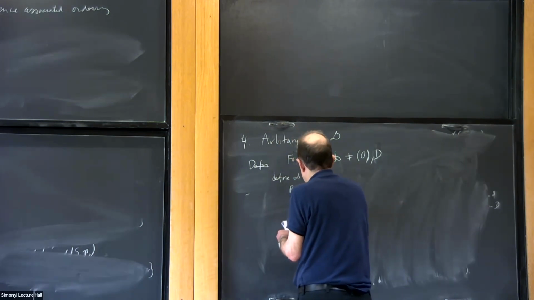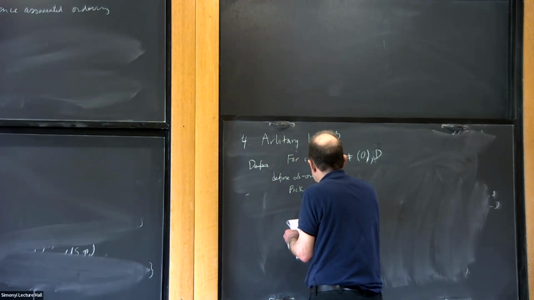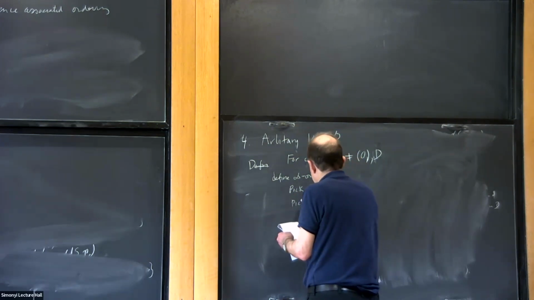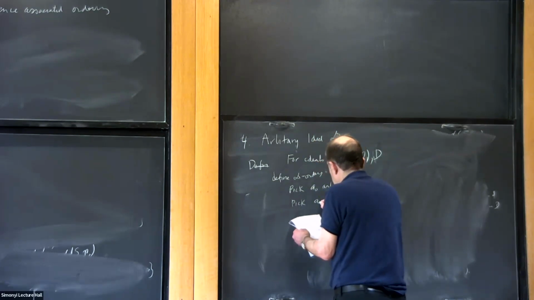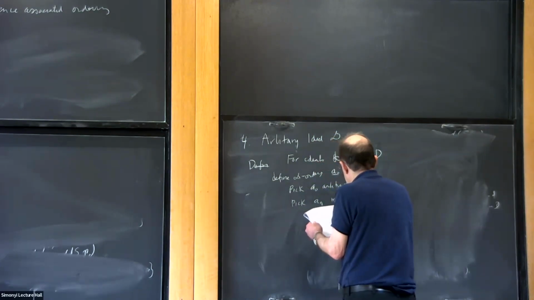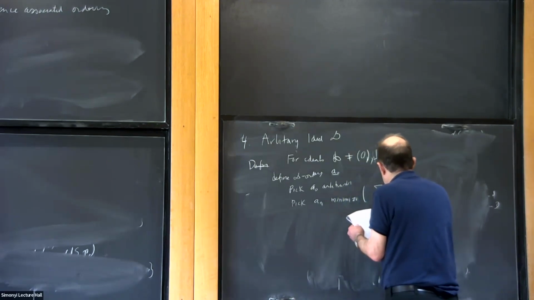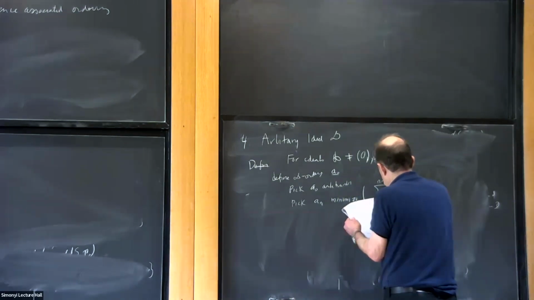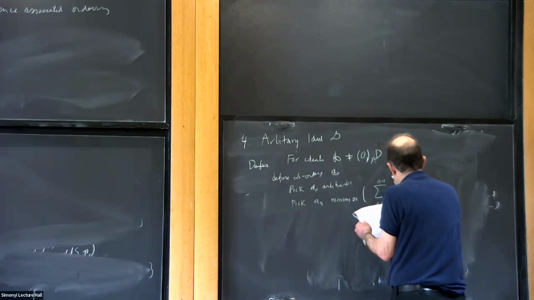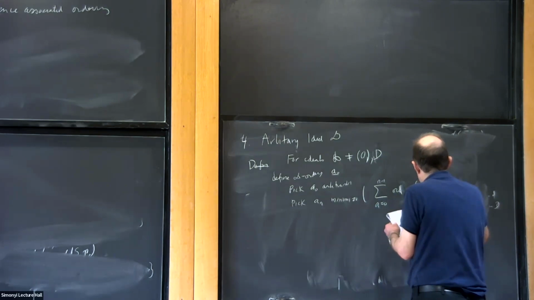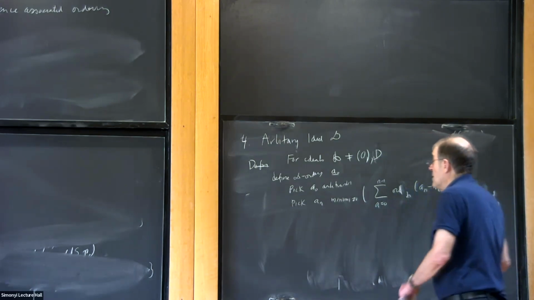Pick a0 arbitrarily. And now we are going to pick a_n to minimize, but now, instead of the product, we're going to use the sum, i equals 0 to n minus 1, of the order of B at a_n minus a_i.